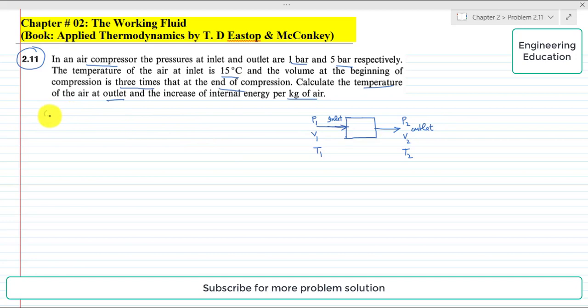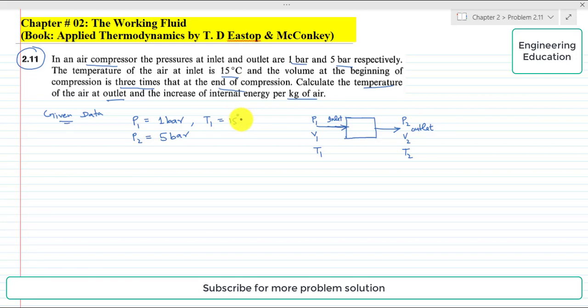This is the inlet and this is the outlet. So if we write the given data according to the designated properties at inlet and outlet, we have given that pressure P1 is 1 bar and pressure P2 is 5 bar. Temperature T1 is 15 degrees centigrade.